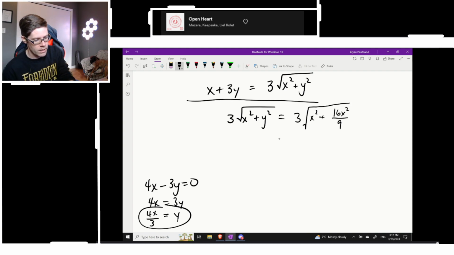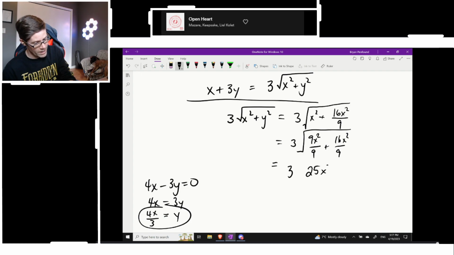Oh, okay, so we need the 16 up top because we were going to add another 9x squared to it. So that's going to give us what? There's going to be 25x squared over 9.